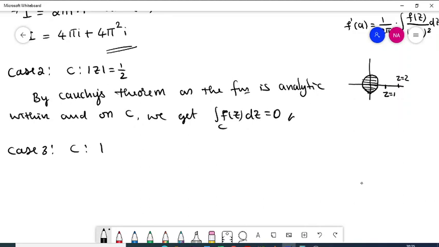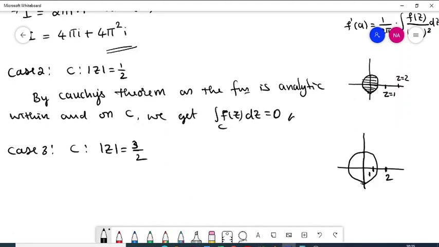Here C is this circle centered at 0 and radius 3 by 2. So if you draw this region, z equal to 1 will be here and 2 will be outside.